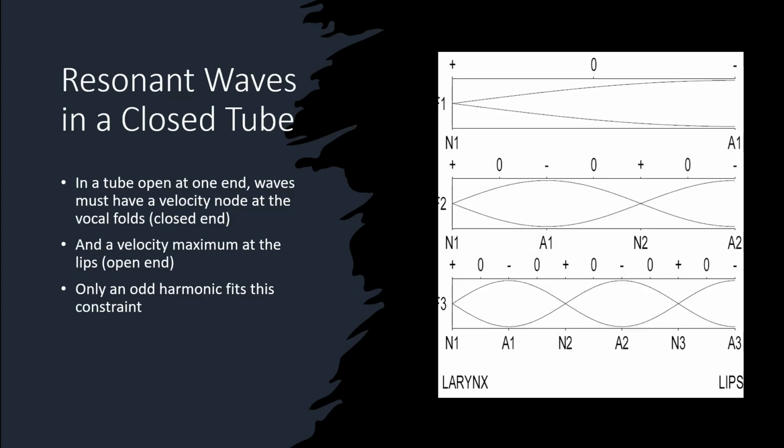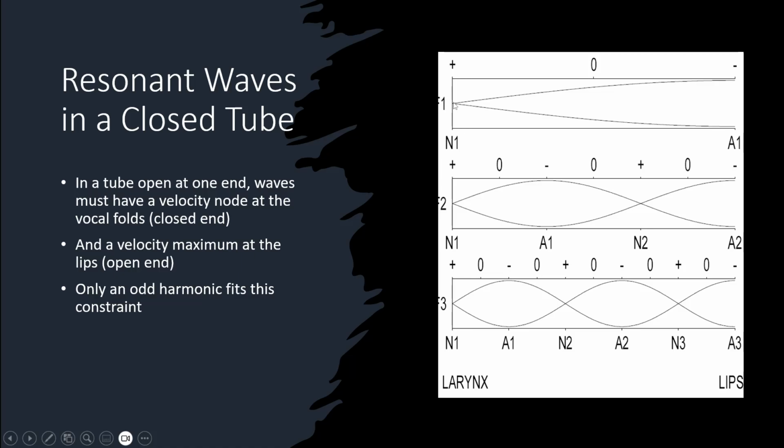So let's think about the resonant waves that exist in a tube that's closed at one end. When you have a tube that's closed at one end, the closed end is always going to have a velocity node or a velocity minimum. And you can see that over here, right here on the left side of the graph. This is the larynx. This is the closed end right here.